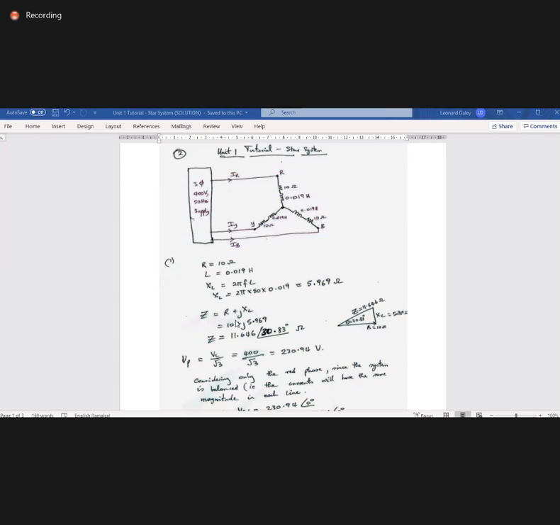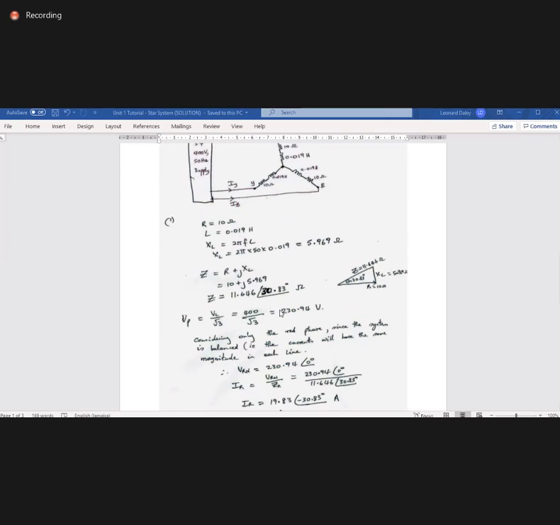But your calculator can do this easily with complex numbers. So Z works out to be 11.646 at angle 30.83 ohms, right? And I drew the triangle here so that you would get a picture of what it looks like.